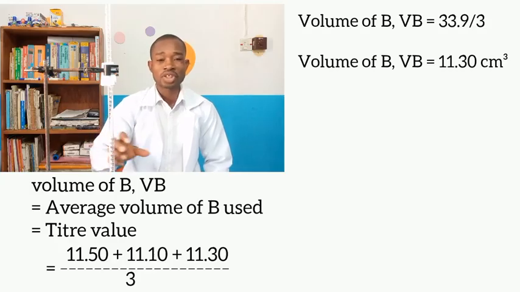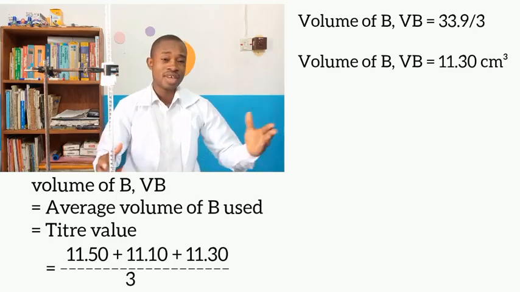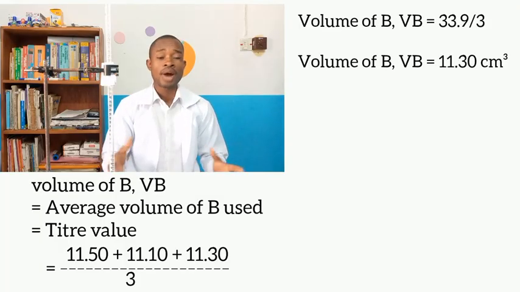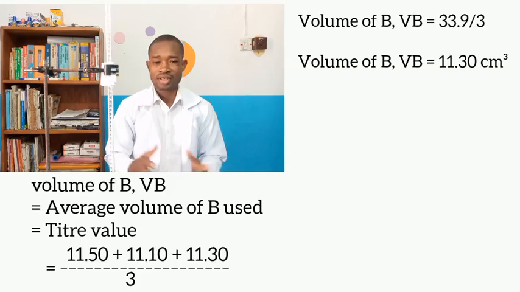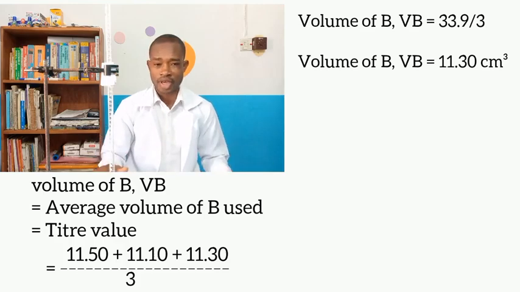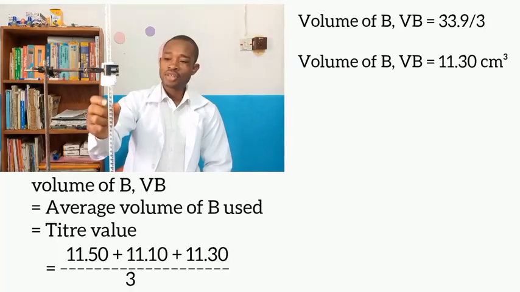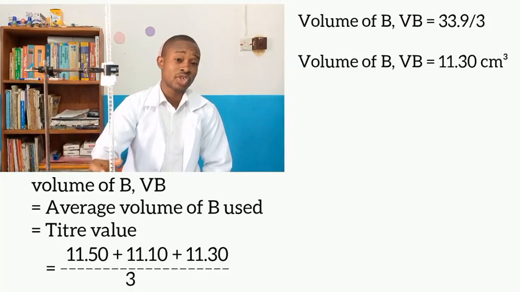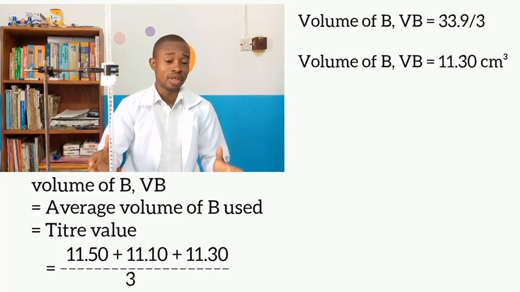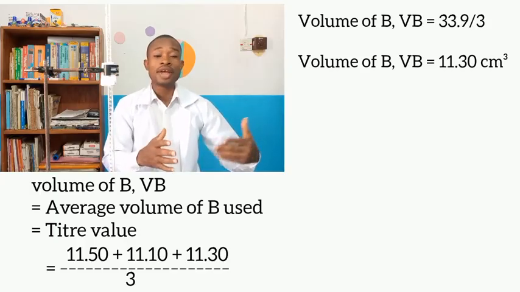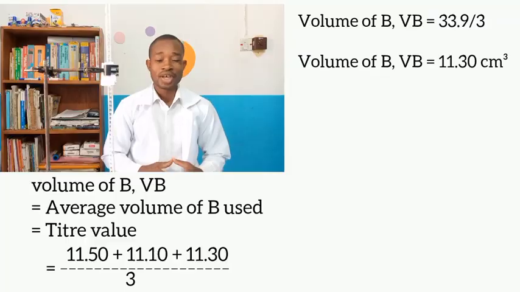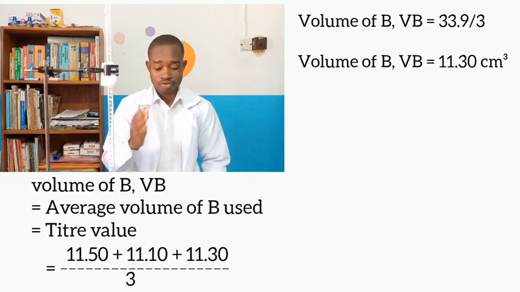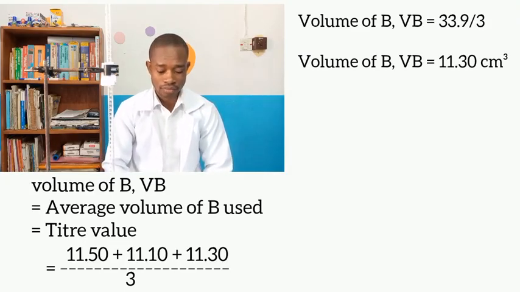So the average volume of the titrant, the average volume of potassium manganate 7 that was used in this redox titration experiment, which actually reacted with our ammonium iron 2 sulfate, is 11.30 cubic cm. This we are going to use VB to represent because we are referring to our potassium manganate 7 as solution B, while our ammonium iron 2 sulfate, we are using A to represent that solution.